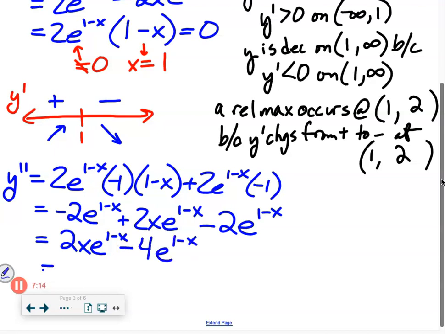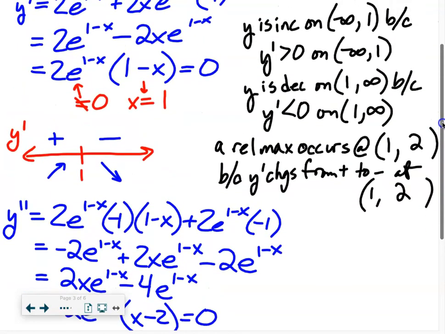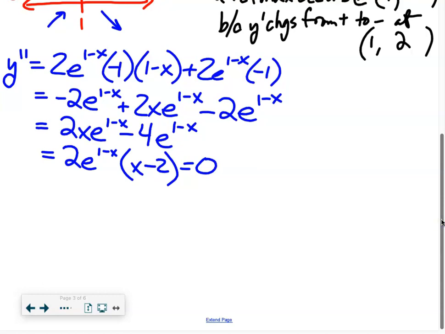When I factor this out, I have 2e to the 1 minus x times x minus 2. If I set this equal to 0, did I set my first derivative equal to 0? Oh, I did, good. If I set this equal to 0 and solve, this guy has no solution. This guy has the solution x equals 2. So x equals 2 is our only critical number for our second derivative.